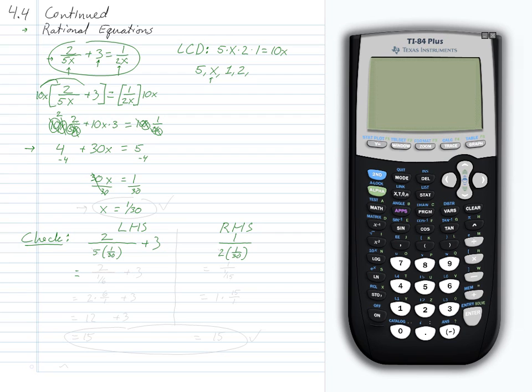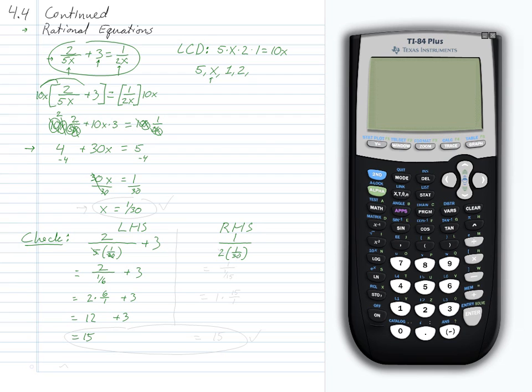Okay, well my left-hand side, I notice the 5 and the 30 can cancel, leaving us with 2 over 1/6 plus 3. And 2 over 1/6 is the same as 2 times 6 over 1 plus 3. So this is 12 plus 3, which is 15.